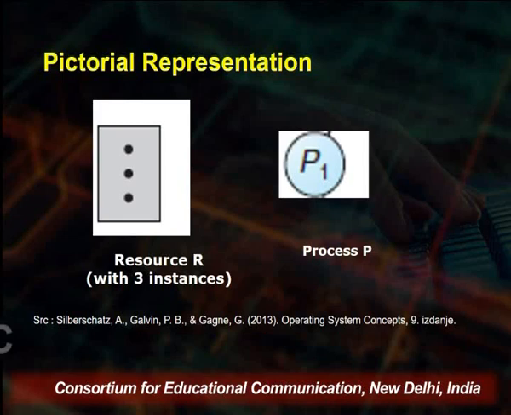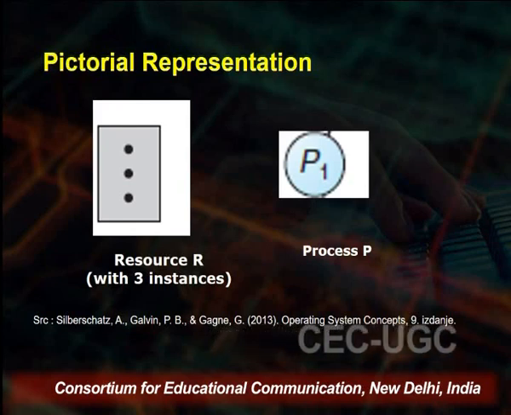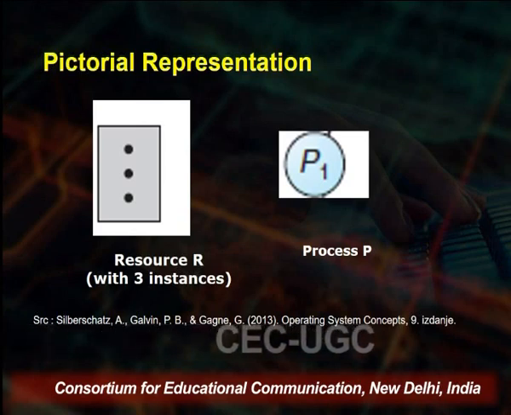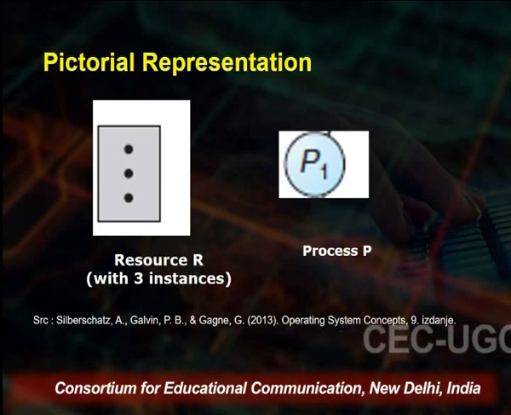So if we look at the symbols, a resource is shown with a rectangle, and inside the rectangle we see a number of dots. So each dot represents one instance of the resource. Say for example, this is a resource R and there are 3 dots.